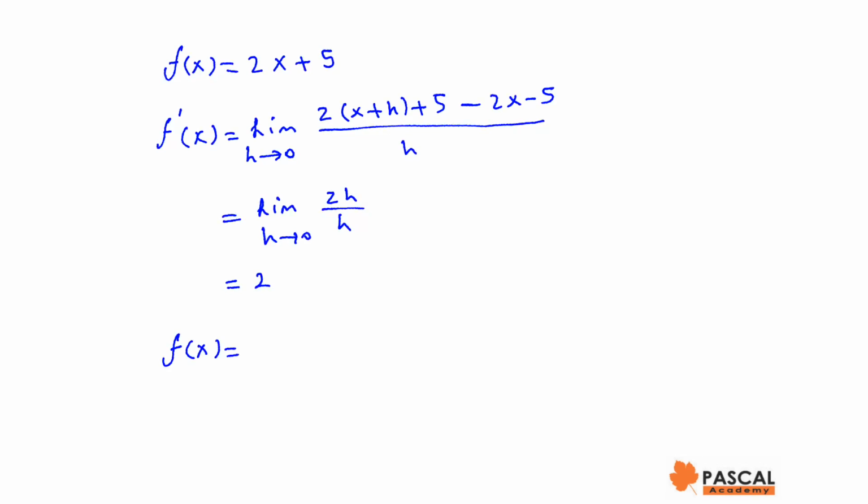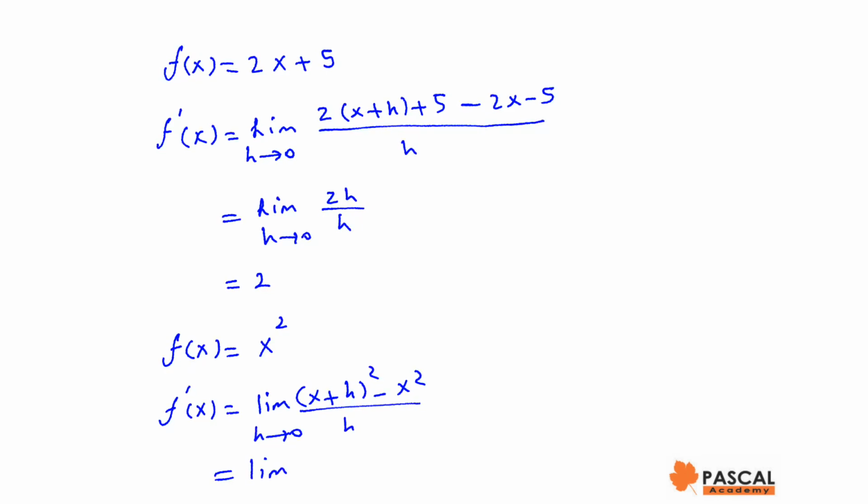Let's find the derivative of f of x equals x squared. f prime of x is the limit of x plus h to the power of 2 minus x squared over h as h approaches 0, which is the same as the limit of x squared plus 2hx plus h squared minus x squared over h as h approaches 0.